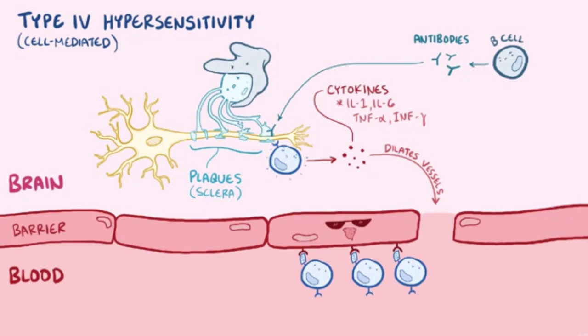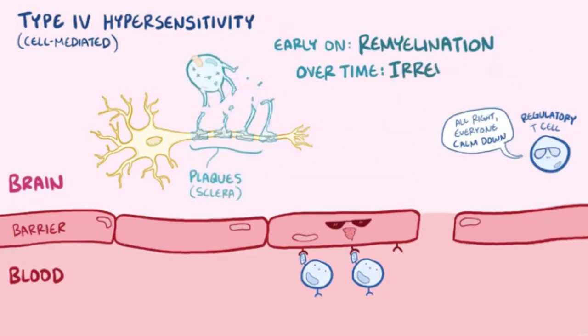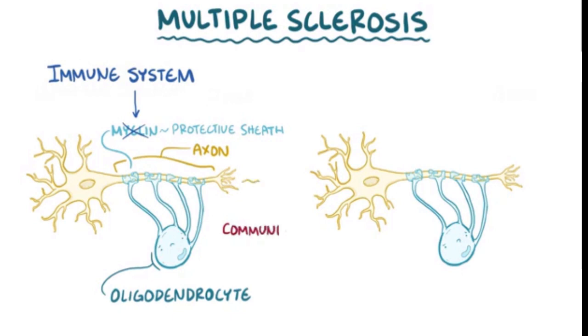But in this case, macrophages will engulf the oligodendrocytes, thereby reducing the chance of remyelination of neurons. So without myelin, neurons cannot transmit impulses properly, which leads to sensory, motor and cognitive problems.